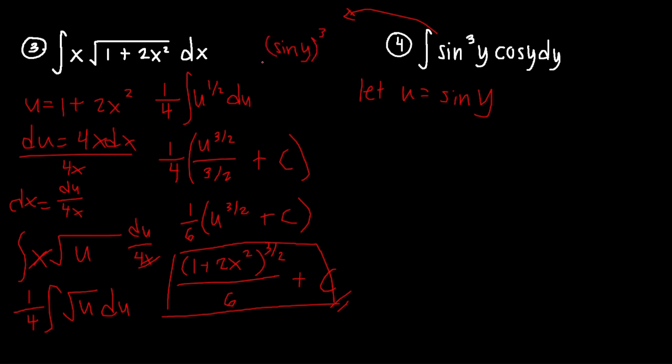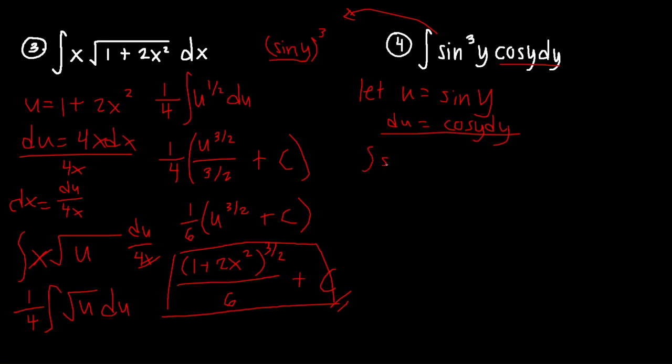So we let the inside function, which is sine y, be our u. Then the derivative of sine y is cos y dy, and we don't even have to cross multiply or divide because that is already the function we will replace.